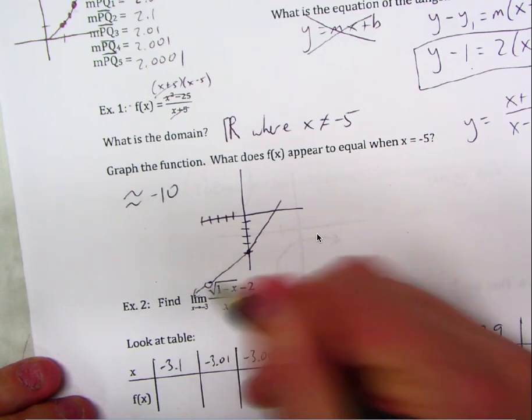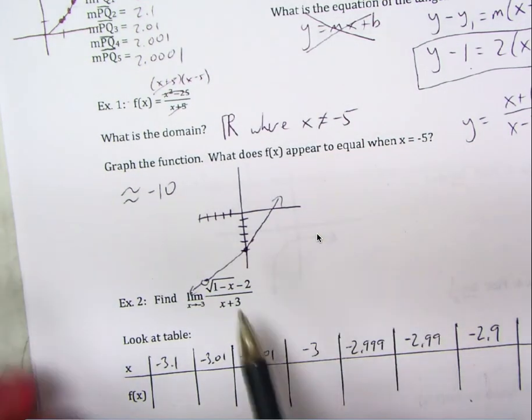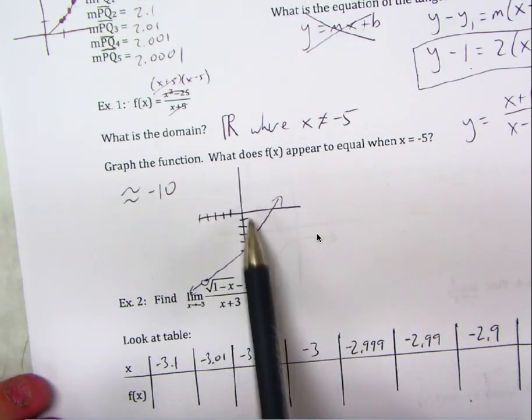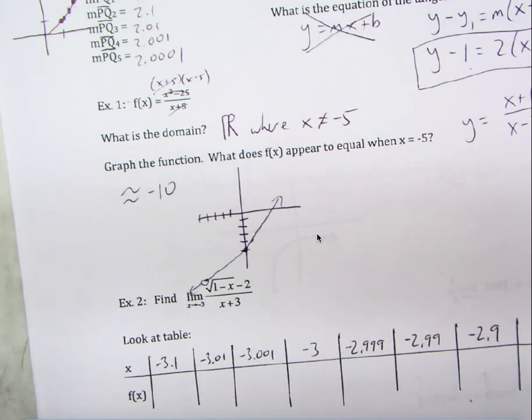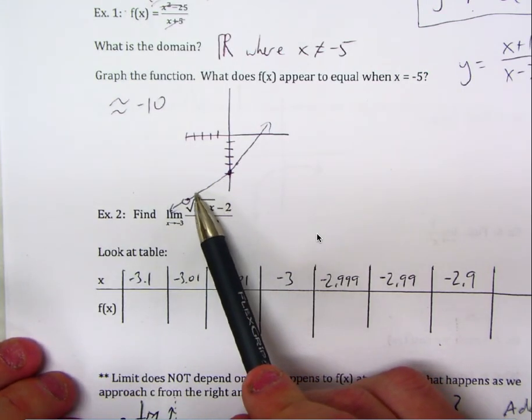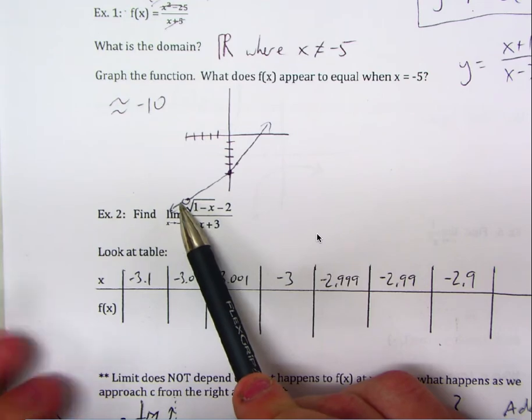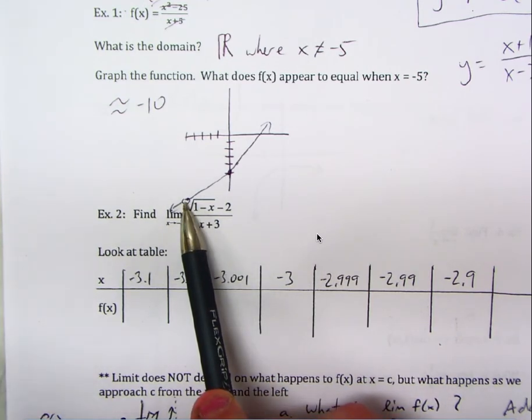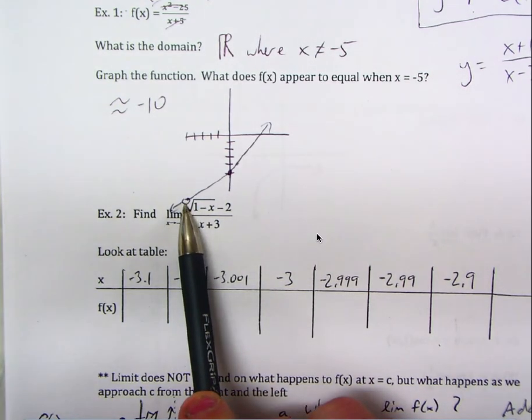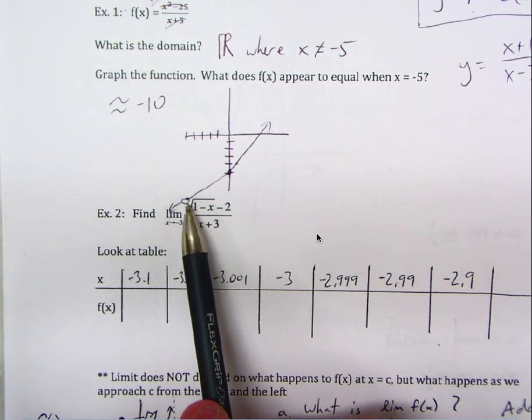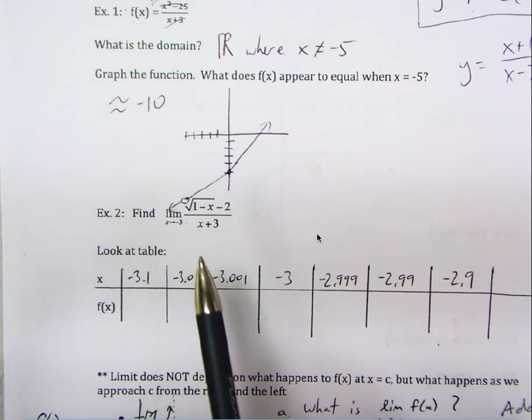Now your calculator doesn't really show them, but that's what's happening right there, is there's a hole when x is negative 5. Okay? But this whole study of limits is all about what is happening as you approach a certain point. It's not about what is happening at a certain point. And that's going to be a big topic and a big concept for the study of limits. What is happening as you approach a point, not what is happening at a point.